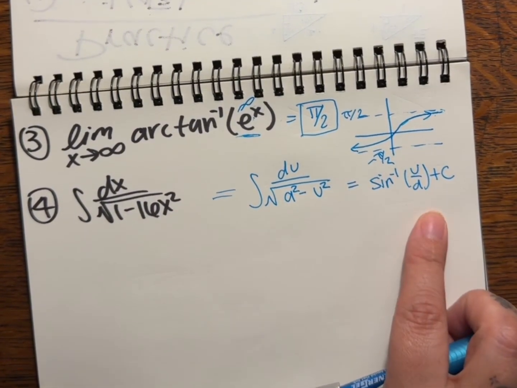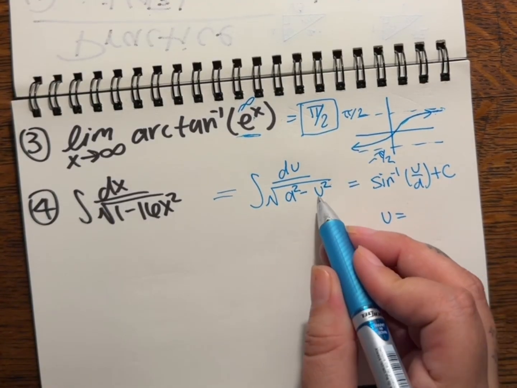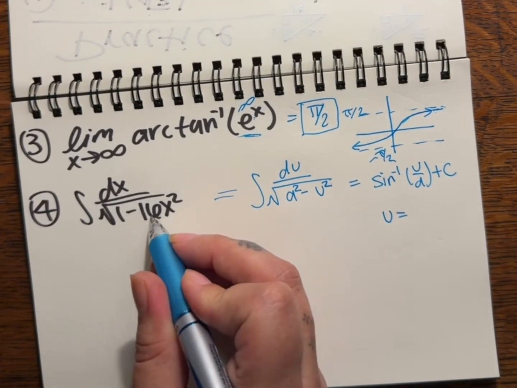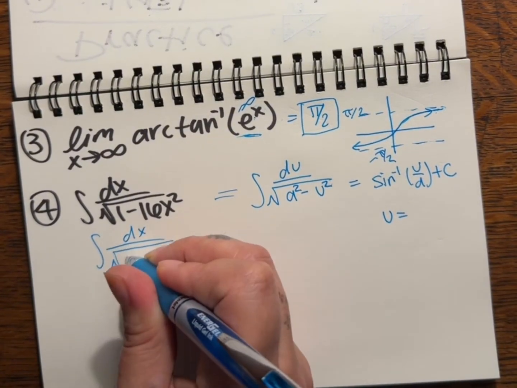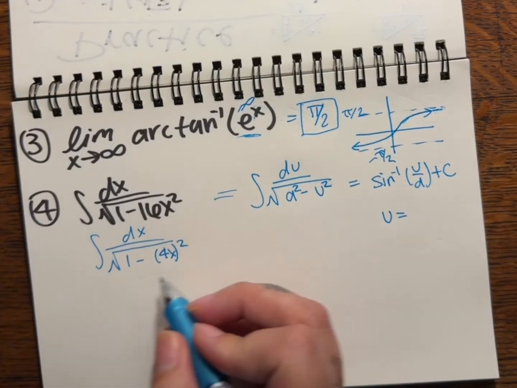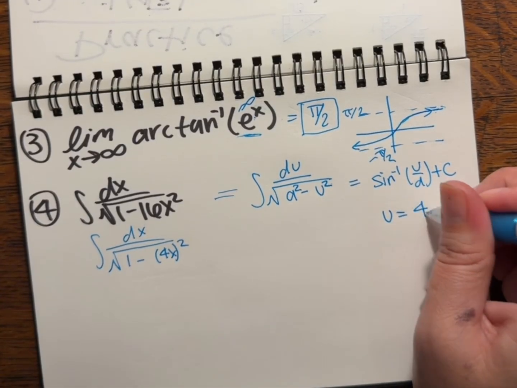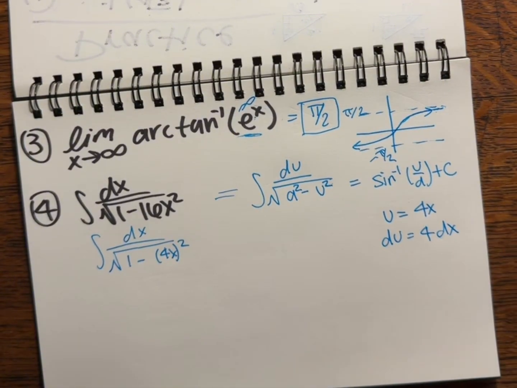So let's identify the u. The u here is what is being squared. It's not the 16, right? I'm going to rewrite it. It's 1 minus, and this is a 4x here, right? So u is 4x, du is 4 dx, and a is 1.